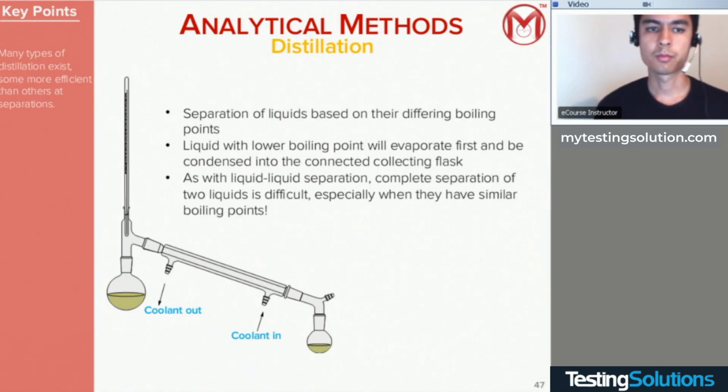So for molecules that have very similar boiling points, distillation is usually a bad idea. The reason is because they'll both boil at roughly the same temperature, and then we won't be able to get them to separate. Distillation works best when the molecules in question have very different boiling points.